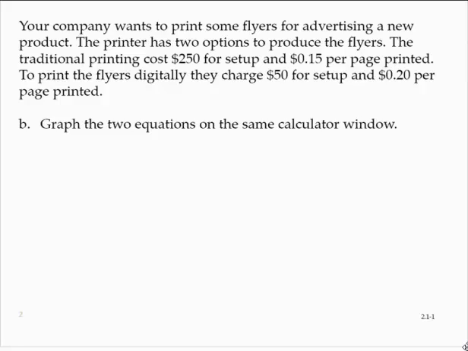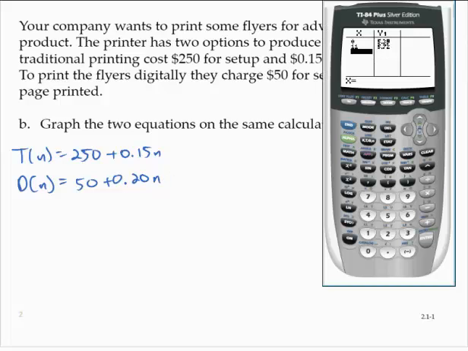Graph the two equations on the same calculator window. Alright, so we had that T of N was 250 plus 0.15 N, and D of N was 50 plus 0.20 N. Let me go to my calculator. Y equals, let's clear out some of the old stuff.